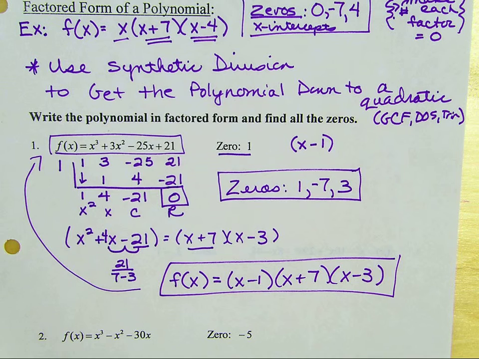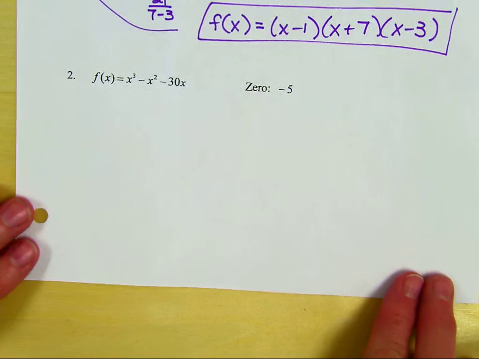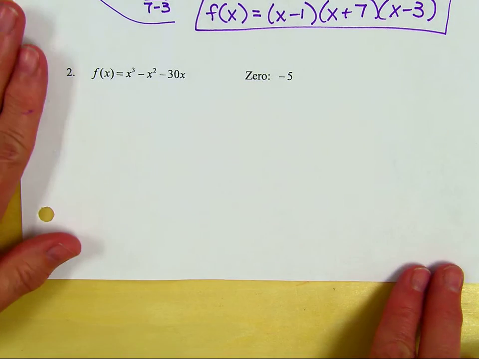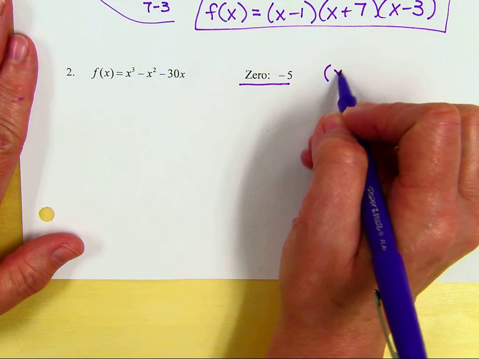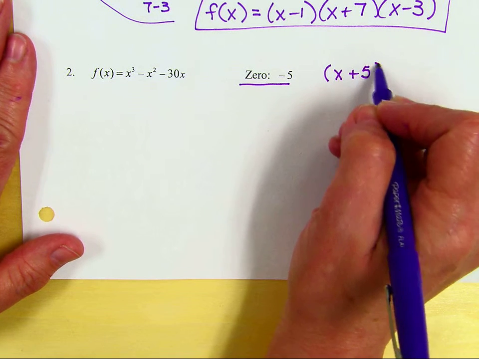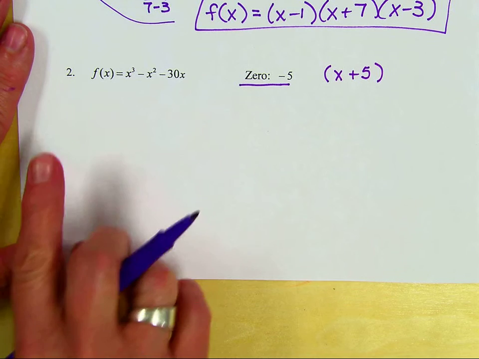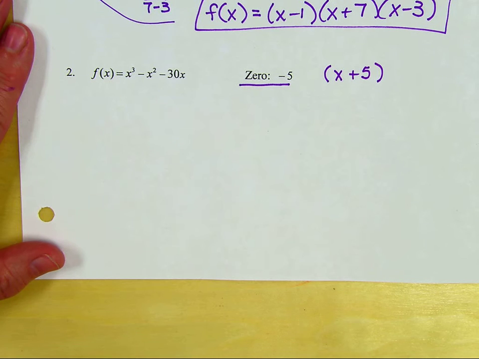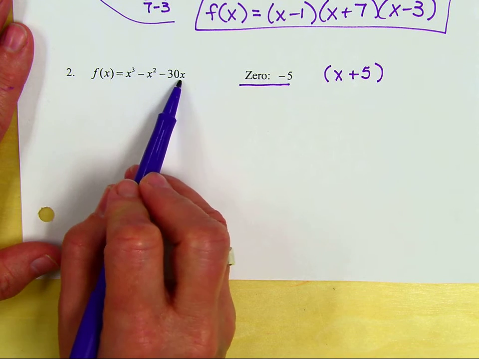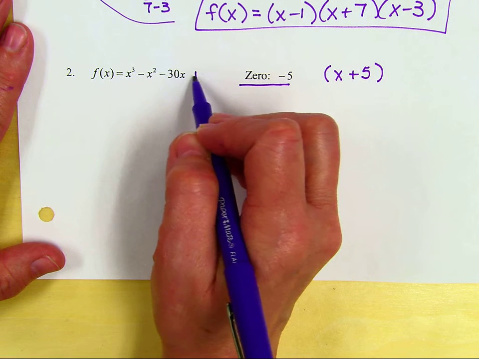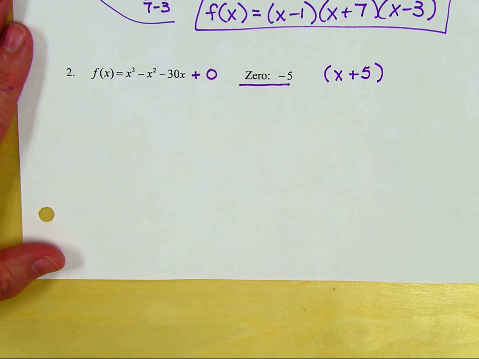All right, let's look at example number 2. Example number 2, I've given you 1 zero. That means one of the factors is x plus 5. Let's check to make sure all of our holes are covered before we do the synthetic division. So we've got x cubed, x squared, x, oops, I'm missing my constant, so I want to put a plus 0 there.